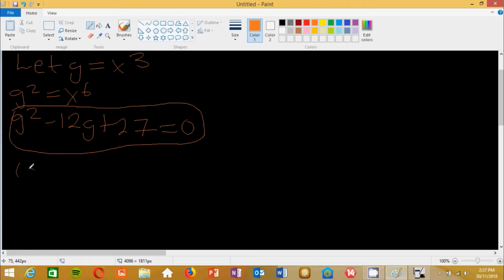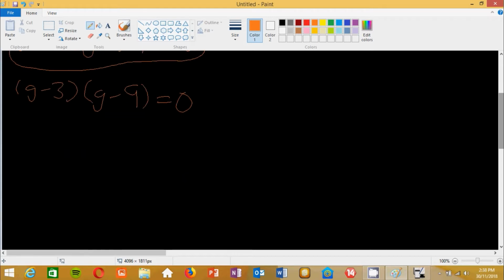So I'm going to have (g minus 3)(g minus 9) is equal to 0. You can pause the video and do this on your own. So what does that imply? It implies that g is equal to 3 and g is equal to 9. These are my two solutions.